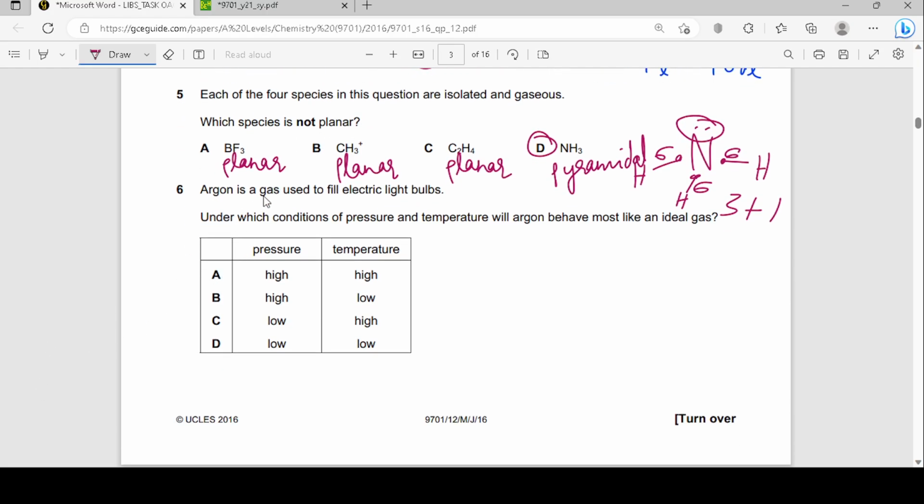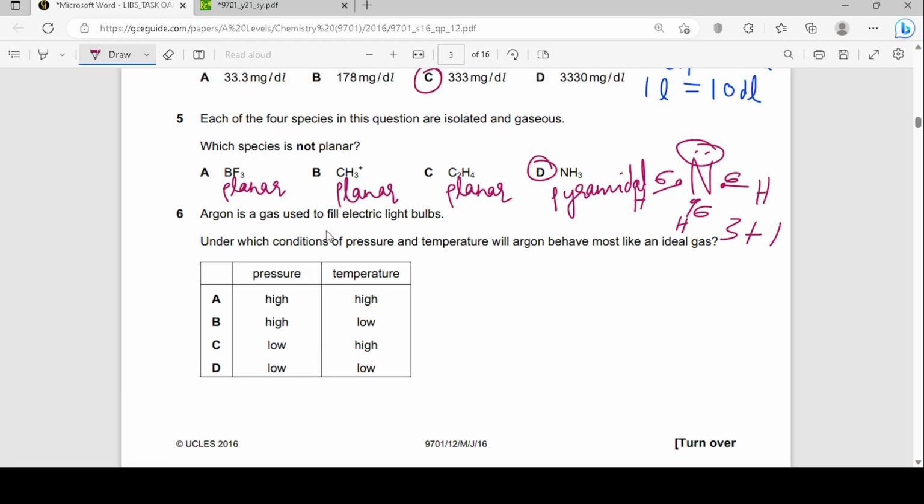Okay. Next question. Argon is a gas used to fill electric light bulbs. Under which conditions of pressure and temperature will argon behave most like an ideal gas? So, one of the assumptions of an ideal gas is that the volume of all the individual particles is negligible compared to the total volume of the whole gas in the container, or you could say in the closed system.